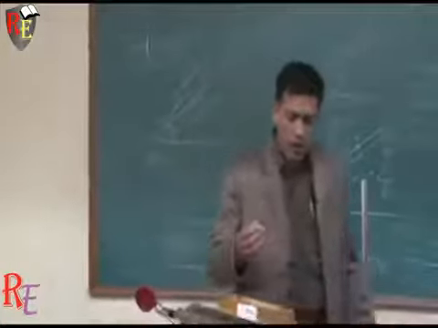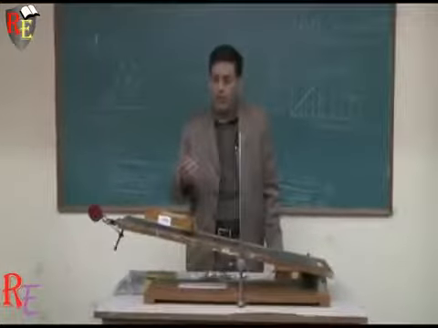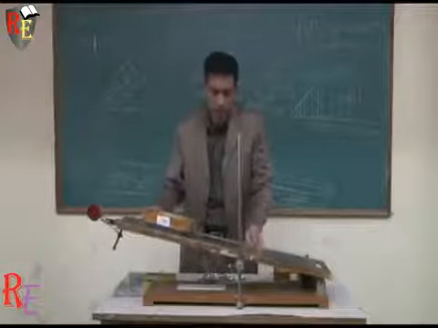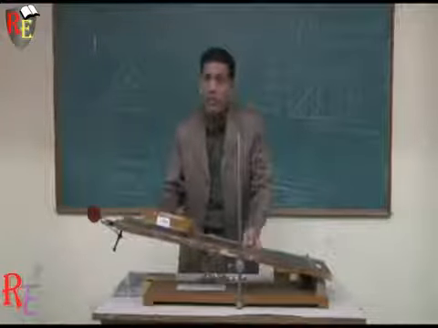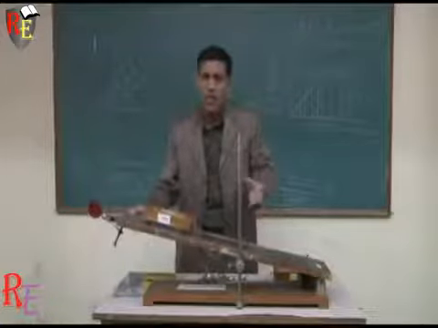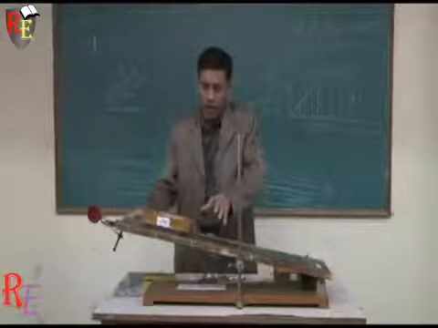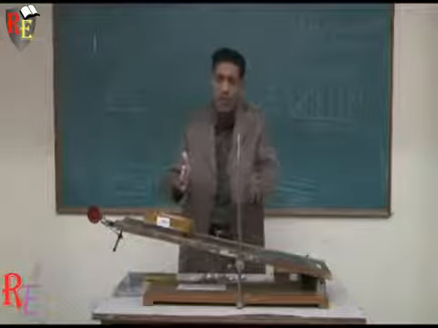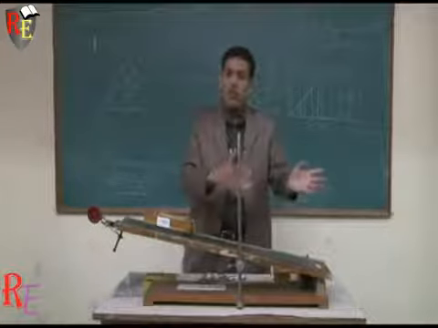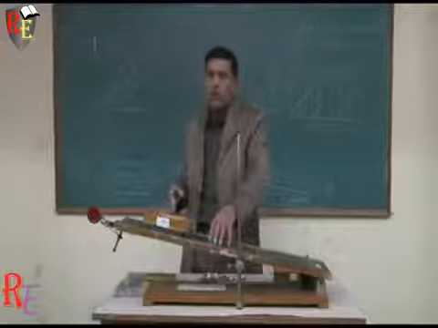Now, there are certain sources of error. The first source of error is that if I change this angle of incline in an abrupt manner, not in a gradual manner, then it may happen that the impending state is just crossed, and that is one source of error.